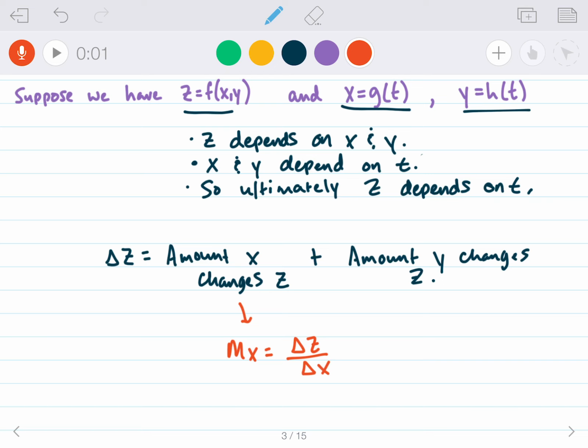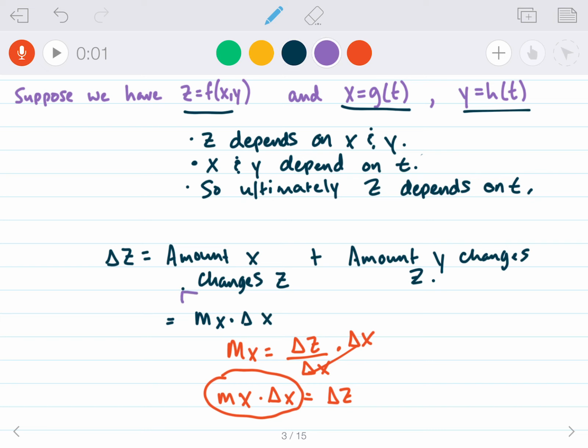And so the amount that x changes z, if we multiply both sides by the change in x, the change in z, is going to be equal to the slope in the x direction times a change in x. All right, so let's write that down. Right, that's what this was.